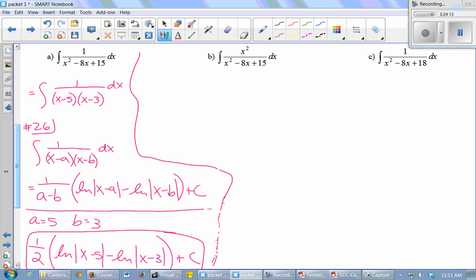All right, x squared over x squared minus 8x plus 15. Is there anything in the table that looks like that? 26, but it's not quite, because in 26, the numerator has to be 1. What would you do?